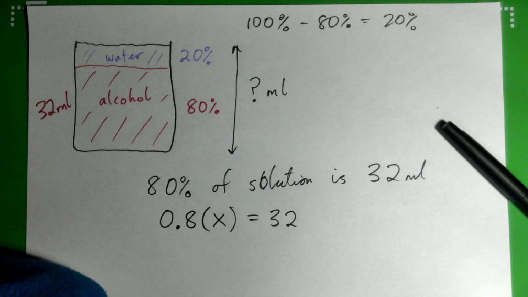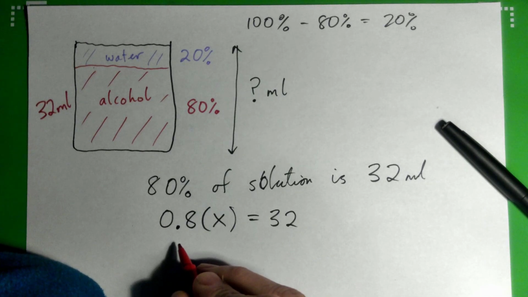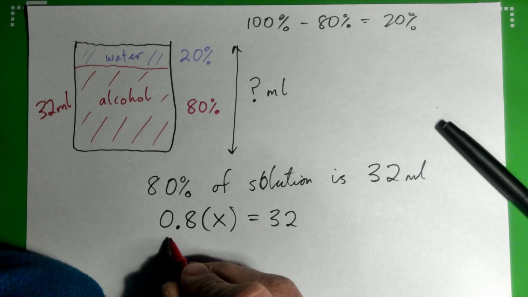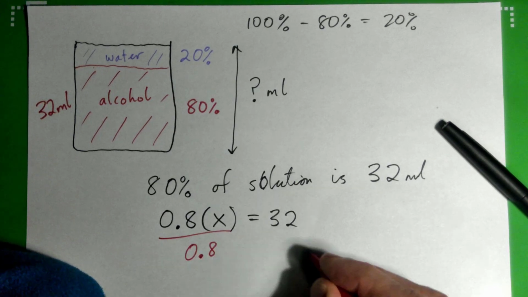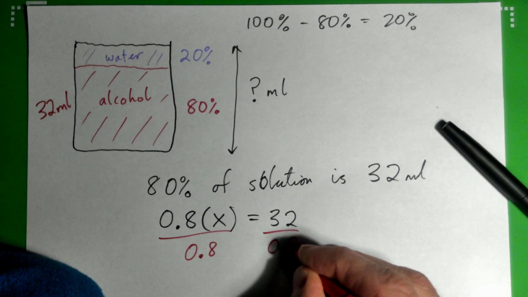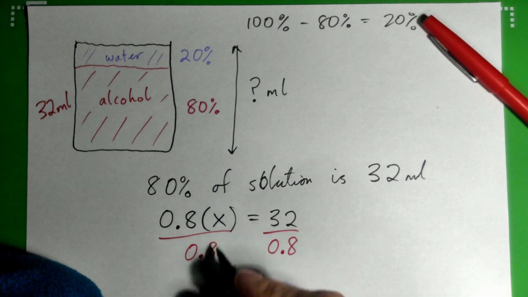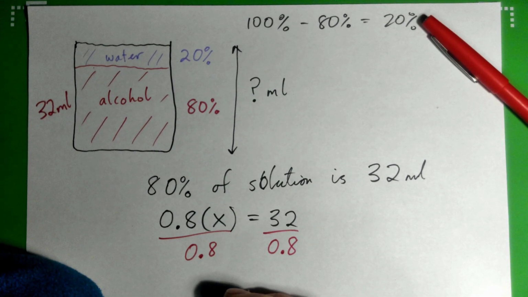And now how do we solve that? What do we do? Get x by itself. Yeah, divide by 0.8 on both sides. And so on the left you get 32 divided by 0.8.